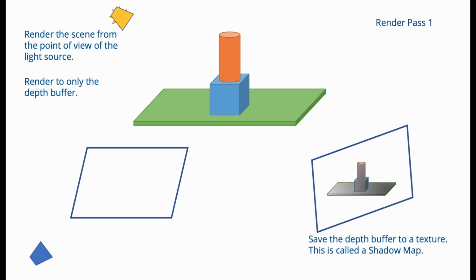However, we do update the depth buffer or Z buffer. This depth buffer is stored into a texture image. This image is called the shadow map. This is the first pass of the shadow mapping algorithm.